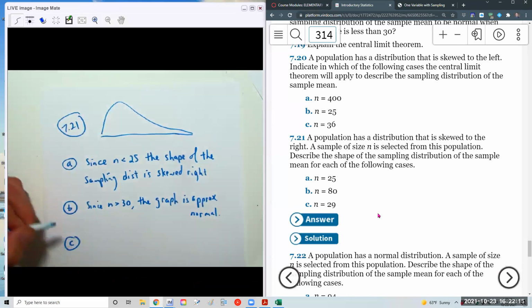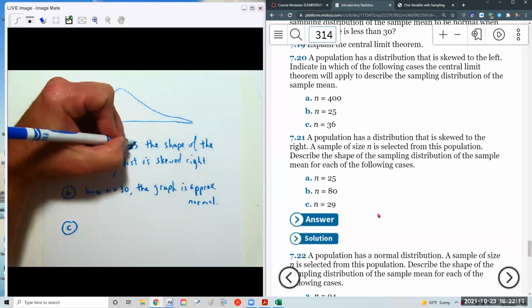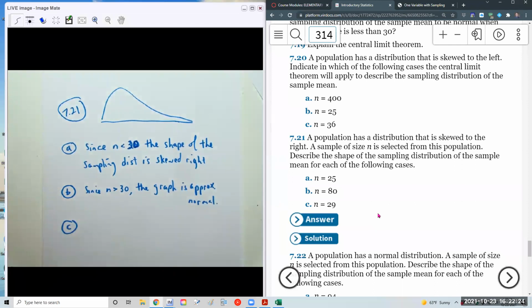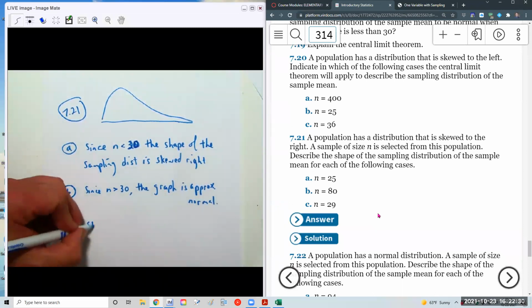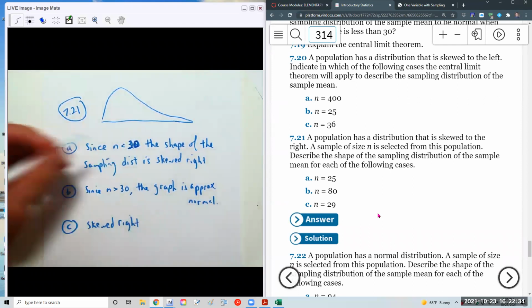And for C, it's the same as A. This should say n less than 30. Shame on me. Well, sometimes when you're talking and writing, you don't get it all right at the same time. So A and C are the same answer. We're going to say skewed right, since n is less than 30.